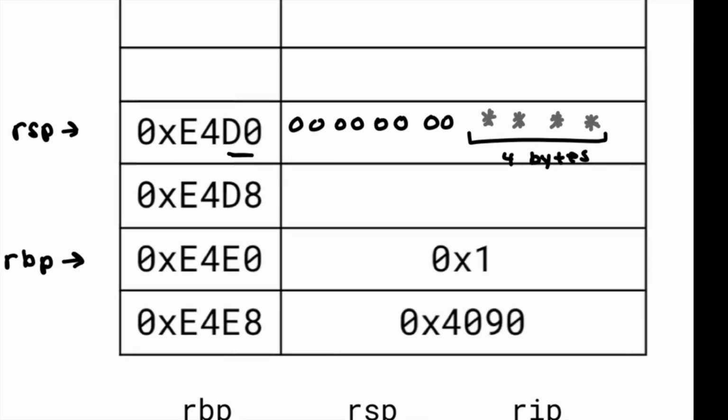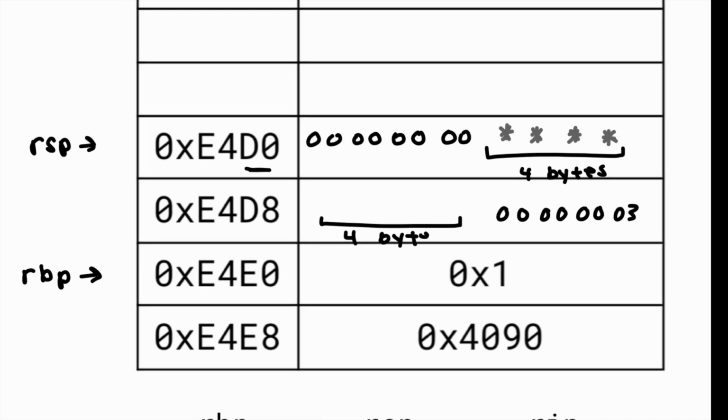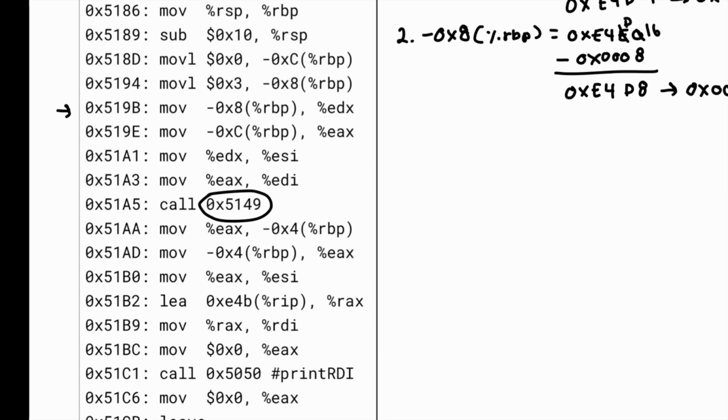Let's look at our stack, look for E4D8. Starting at D8, we're going to put in our 0x3, and we need those 4 bytes, and we don't know what these 4 bytes are, so we'll put in those asterisks again.